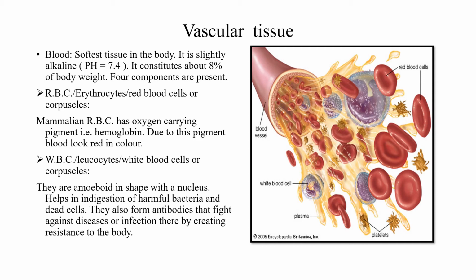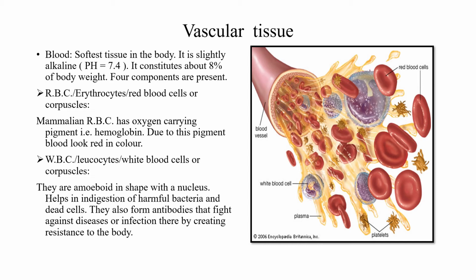WBC, very important. White blood cells or white blood corpuscles are called leukocytes. It is amoeboid in shape with the nucleus. 5 types are there: lymphocytes, monocytes, basophil, eosinophil and neutrophil. It helps in ingestion of harmful bacteria and dead cells.